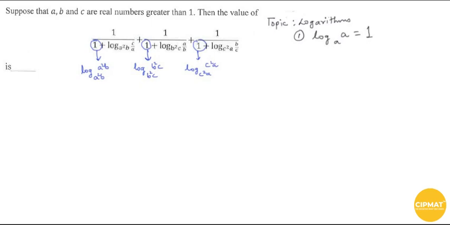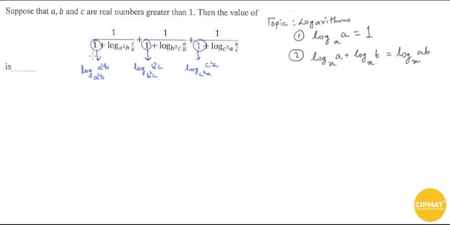Okay, now what happens when you sum two logs with the same base? Yes, it becomes the product. So basically when the bases are the same and you add log a plus log b, it will give you log of ab with the same base. So here the same thing is going to happen.